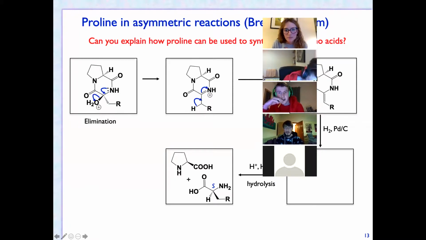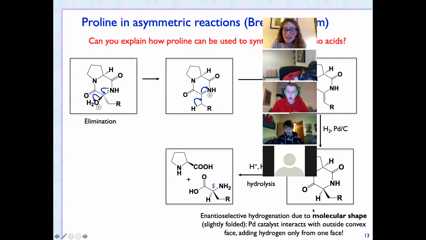And we are in this situation now. What happens? Let's think about our reagents here, so it shouldn't be tricky. I'll just reduce the double bond. Yeah, hydrogenate the double bond. Yes. So the only special thing about this hydrogenation is that it is enantioselective due to the molecular shape of the substrate.